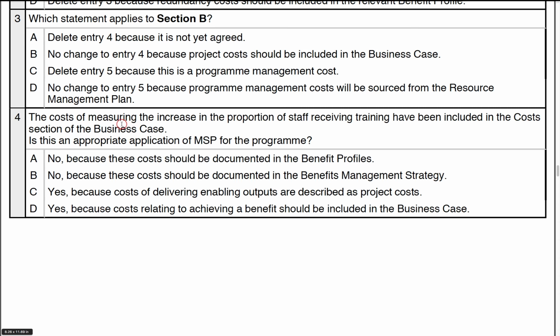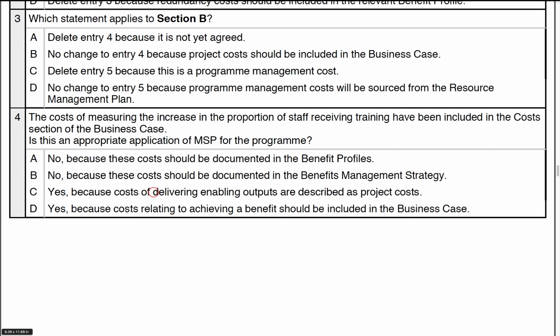Well, this is very true. We do need to trap the information, and therefore the cost of measuring the increase in proportion of staff, because this has a reflection on the business case and on the overall benefits, right? So therefore, if we decide it's yes and why, A and B are no longer included in our answer. So look at C.